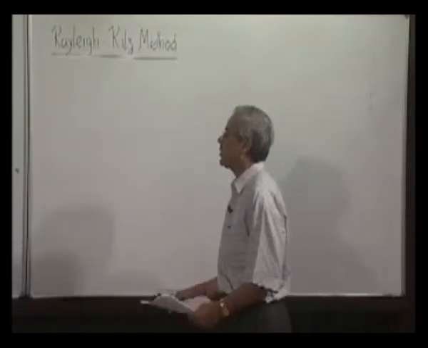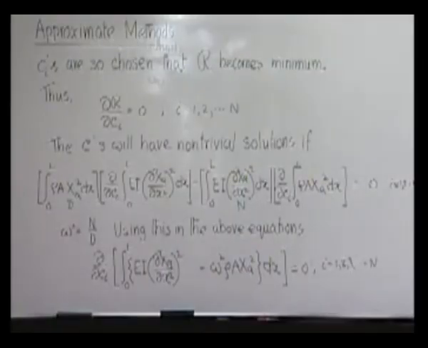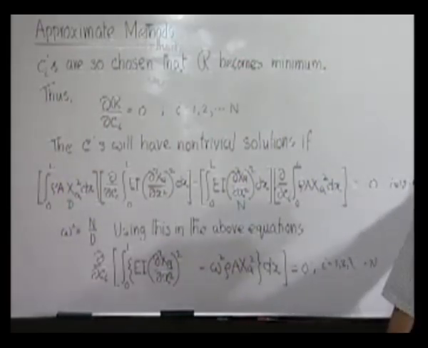So what we will try to do, because we have to keep our analysis and board work less, and also the objective is to demonstrate the use of the principle to find out higher mode, we will take only a case where we will find out up to second mode. So the example is the same.